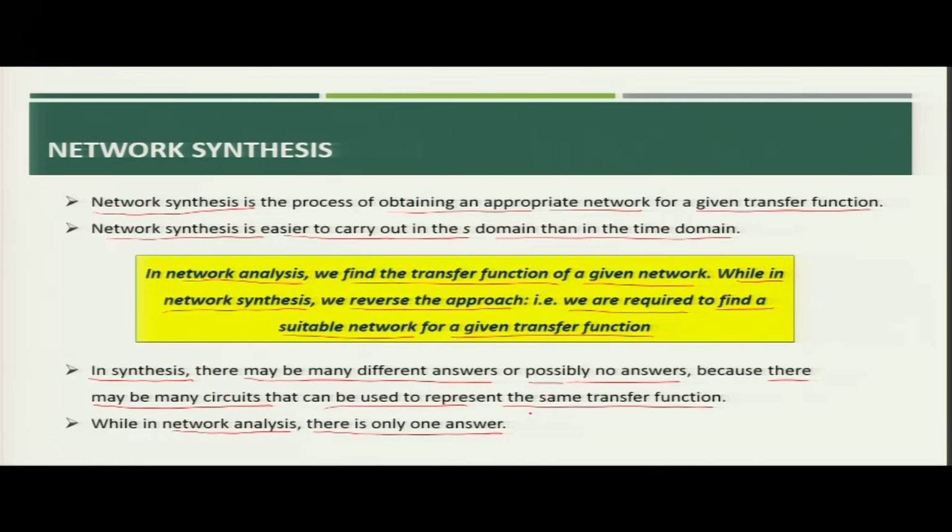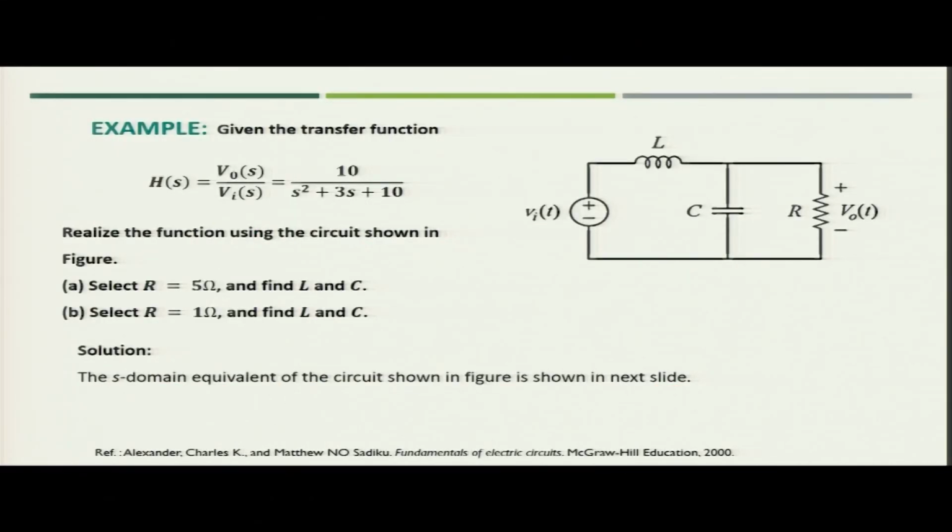So, let us understand these concepts with the help of examples, because that would be easier to understand the synthesis aspect of the circuit. Let us see that there is one transfer function given as V naught s upon V I s is equal to 10 upon s square plus 3s plus 10.